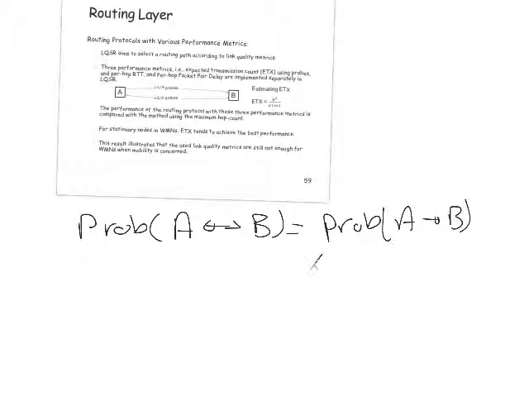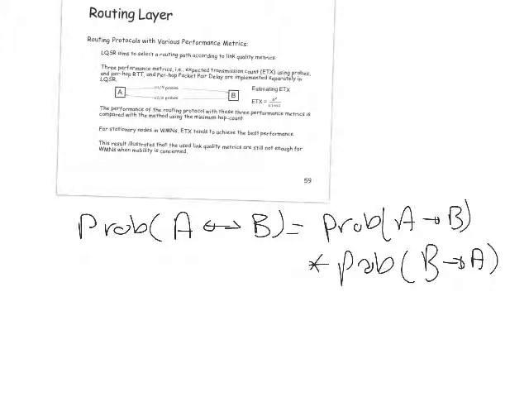So times the probability from B to A. Which means that if it fails on any of these links, in any direction, this means that the packet fails.